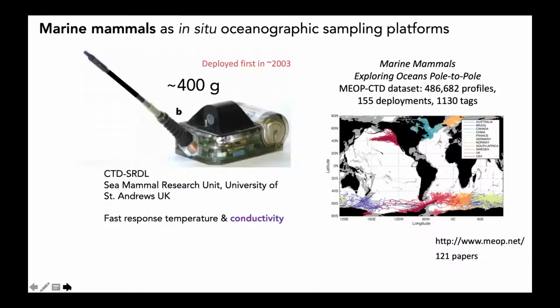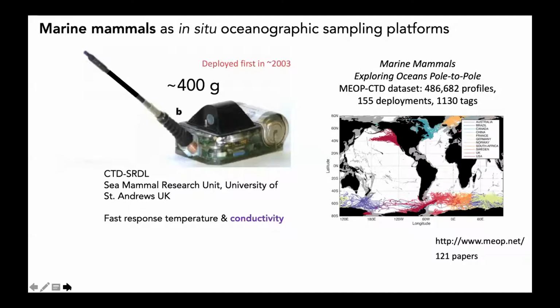You can see the plot on the right-hand side of the spatial extent of where these tags have been deployed. But they're 400 grams and much too large for pretty much all diving seabirds. They were first deployed around 2003, and they're still being used today.